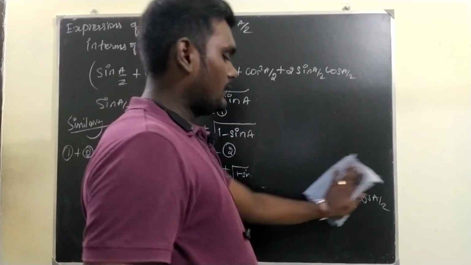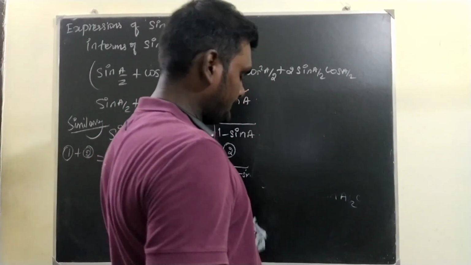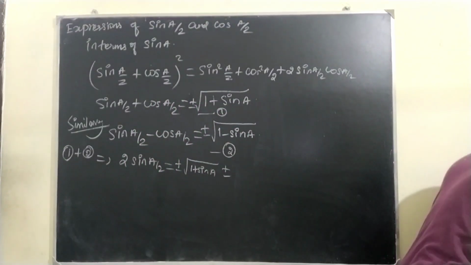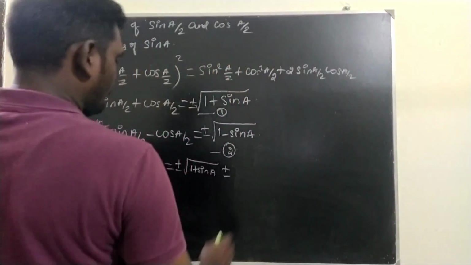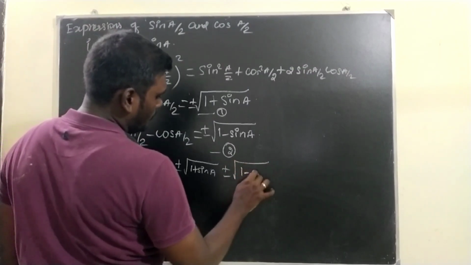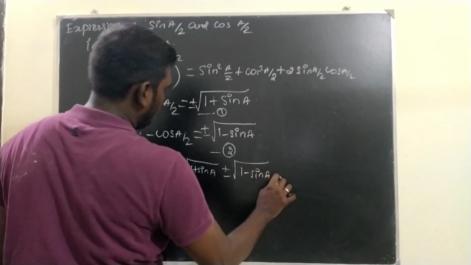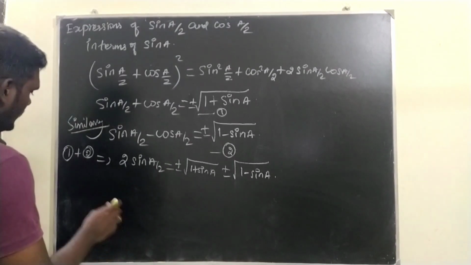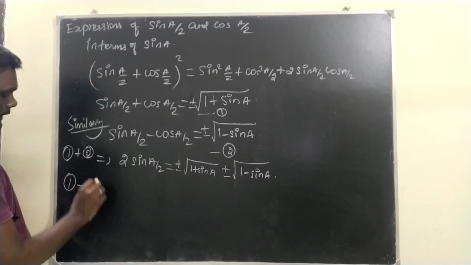Sorry, for sin A by 2, this 2 has to be transposed to the other side, giving root of 1 minus sin A. Now let it be like this. Then equation 1 minus equation 2, what will you get?